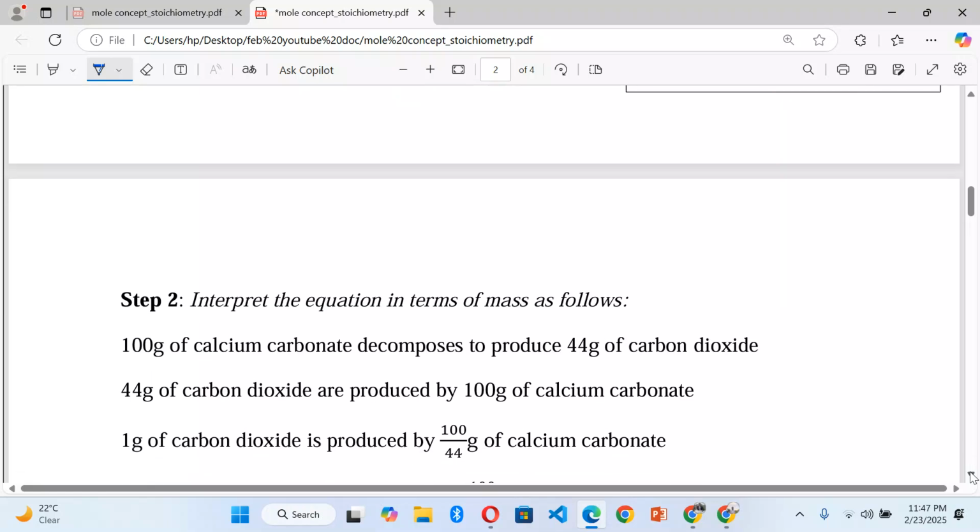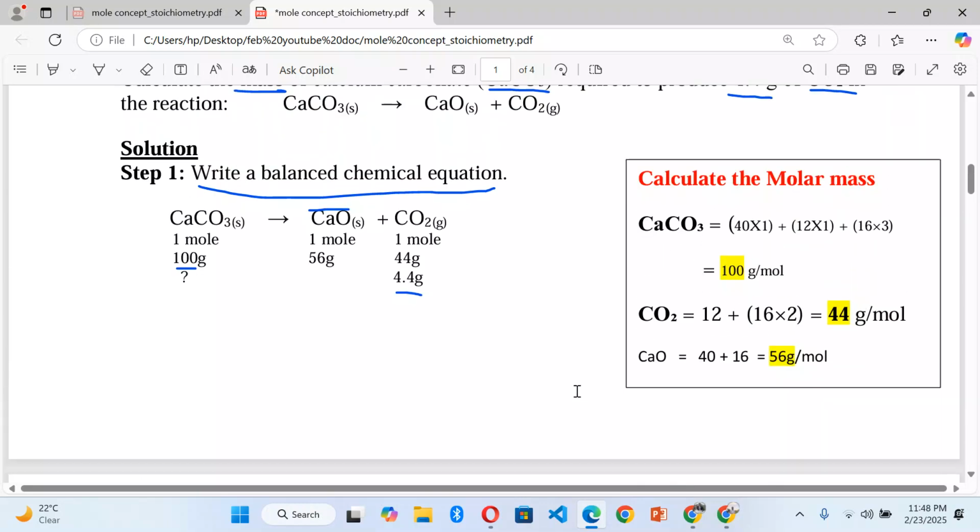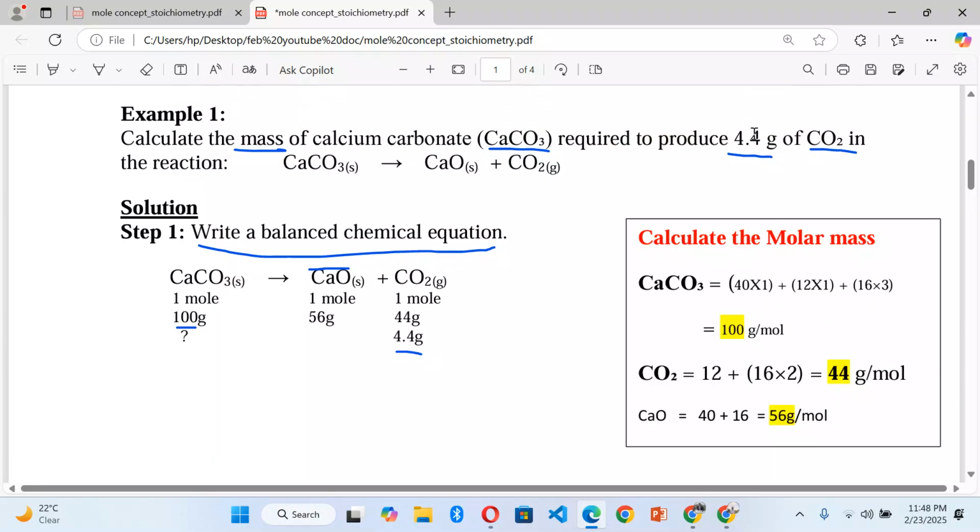So we are saying that 100 grams of calcium carbonate decomposes to produce 44 grams of carbon dioxide gas. Now, let's look at this. Do you know that we can interchange this statement and start with the 44 grams? Why are we starting with the 44 grams? Because what is given in the question is the mass of carbon dioxide that is produced.